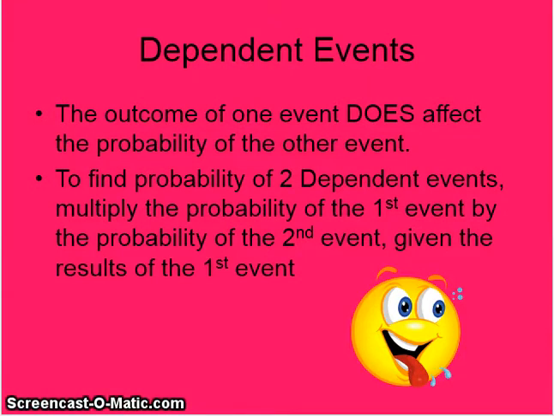An example of this would be if you had a bag of marbles, and you drew one out, and then you didn't put it back, and you drew another one. The probability of that second marble being a certain color or having a certain number on it would be affected by what you took out of the bag the first time you drew a marble. So those two are dependent events.